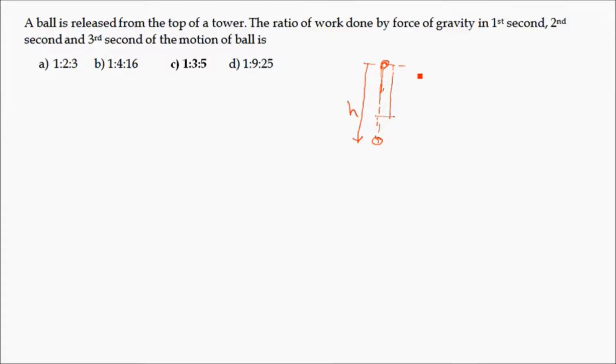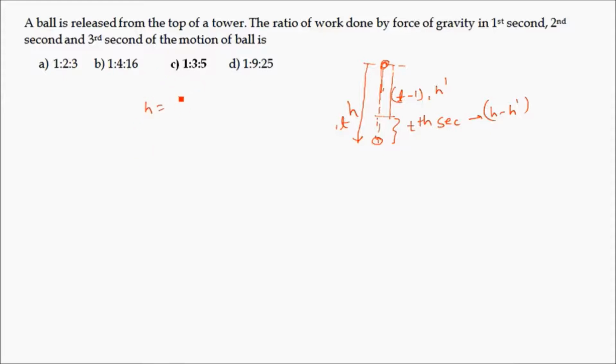So during the time t minus 1, it travels a distance equal to h dash. Then in the t-th second, the distance traveled will be equal to h minus h dash. So we will first calculate the distance traveled by the object in the t-th second.